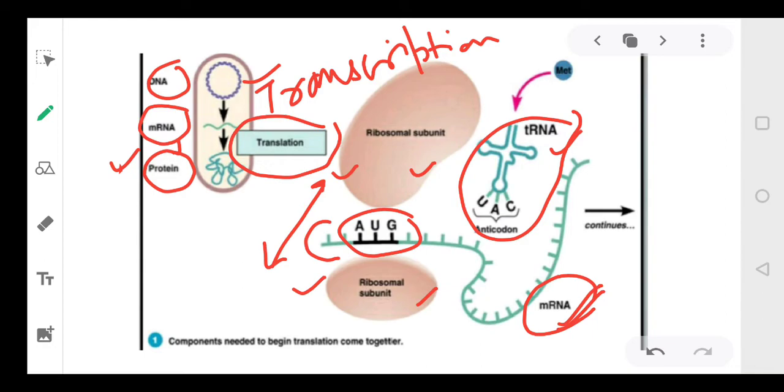So the mRNA has the information of proteins or amino acids in the form of codons, and these codons can be read by the anticodons present on the tRNA. Right everyone? So we basically require three things for the translation process to start. First, the combination of ribosomal subunits. Secondly, the mRNA, and thirdly, the tRNA for reading the information present on mRNA.